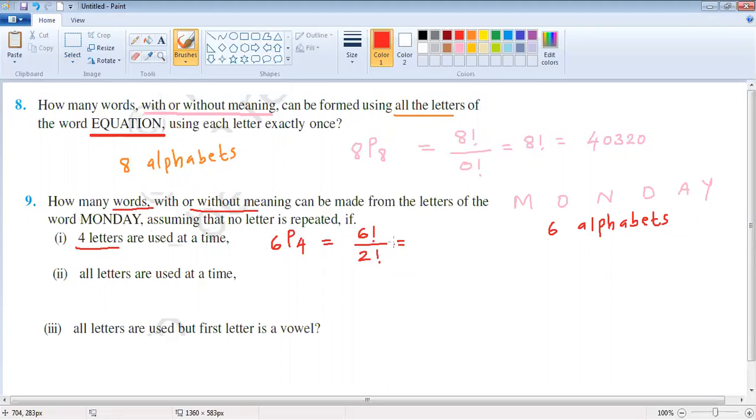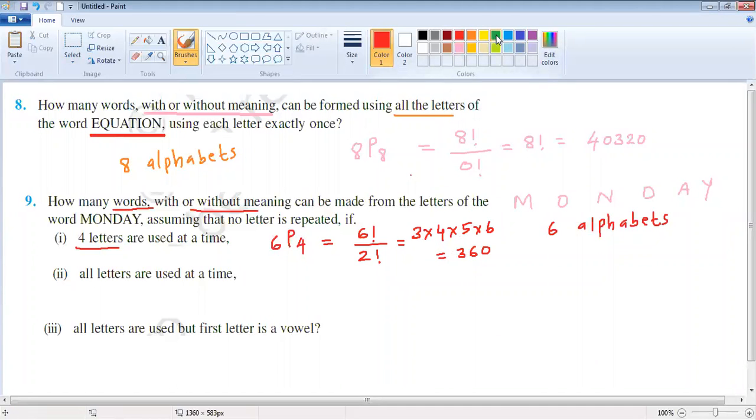So in the numerator 6 factorial, the 2 factorial cancels, leaving 3 into 4 into 5 into 6. So 5 into 4 is 20, 6 into 3 is 18, 18 into 20 is equal to 360. So 360 words can be formed.